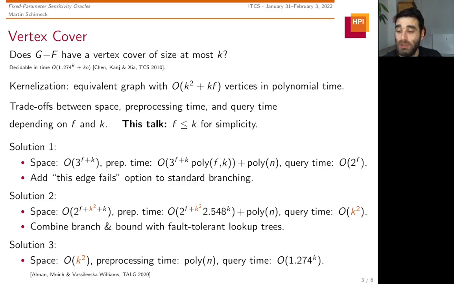Our third solution comes in, which is a simple adaptation of what Elmanich and Wasilewska-Williams did for dynamic graphs. It has space k², so polynomial in the parameter, which might even be smaller than storing the whole graph. But it has a query time of 1.274^k. This is essentially running a vertex cover algorithm from scratch. We save the dependence on the graph size, but still the query time is exponential in k in order to get this small space.